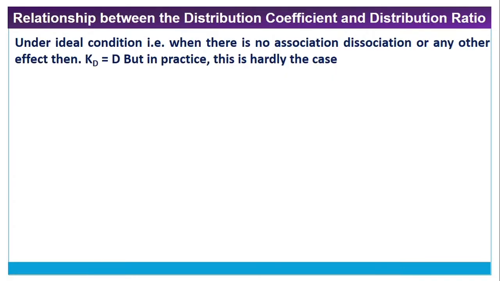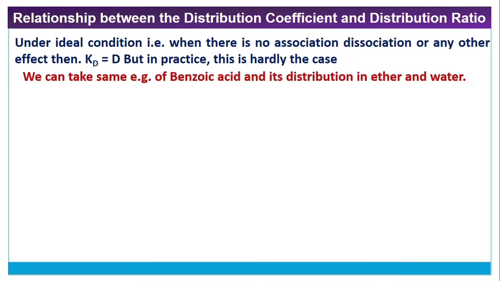Now we will see the relation between the distribution coefficient and the distribution ratio. Under ideal conditions, when there is no dissociation, association or any other effect, Kd, the distribution coefficient, is equal to the distribution ratio D. In practice, it is hardly the case. That's why we have to learn the relation between the distribution coefficient and the distribution ratio.